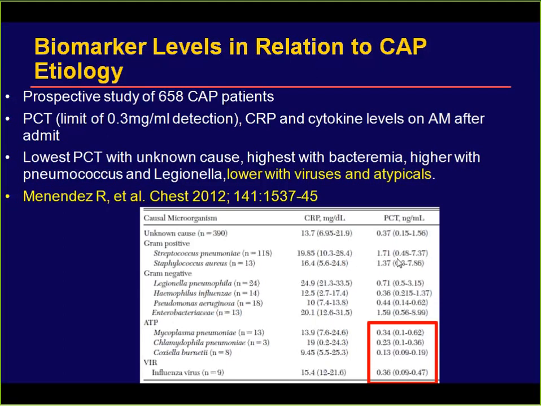So I think this is one of the areas where you have to pay very close attention. You were asking before, with the low level, does that mean it's okay to not use antibiotics? And that's where judgment comes in. And this would be one of the reasons why a low level might have to be ignored, because it might still indicate an atypical pathogen infection.